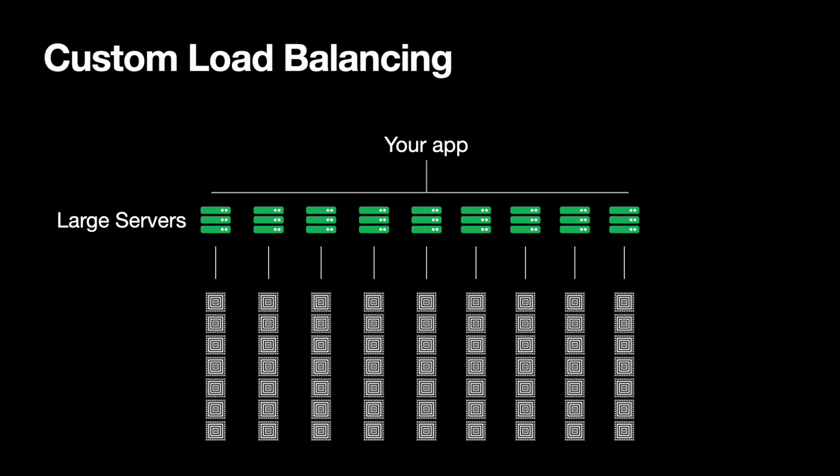So then you've got 7 virtual CPUs per large server, and you could have any number of large servers. So you can see how this would result in Xojo Cloud being able to scale up from a single instance on a small server to virtually as many servers as you need.